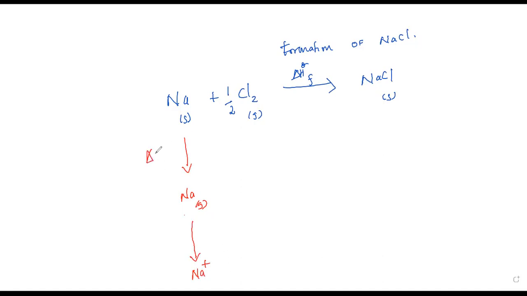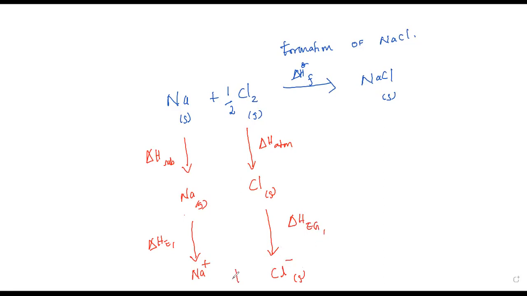This is delta H sublimation, and delta H E1, first ionization. Next, the chlorine should become chlorine atoms from chlorine gas. You can say this is delta H atomization, and this Cl should become Cl minus gas. That is the electron gain energy, E1.